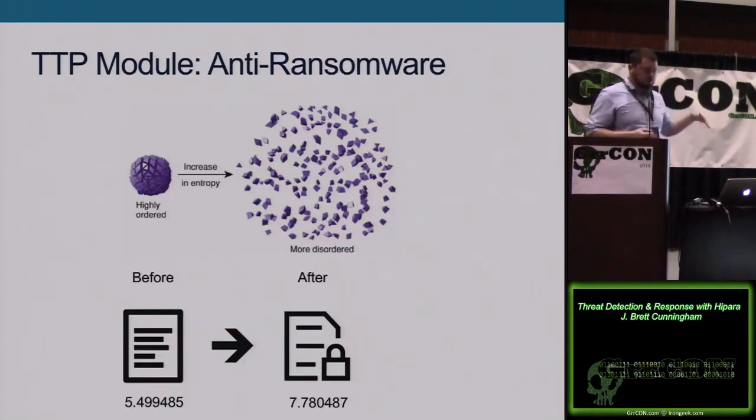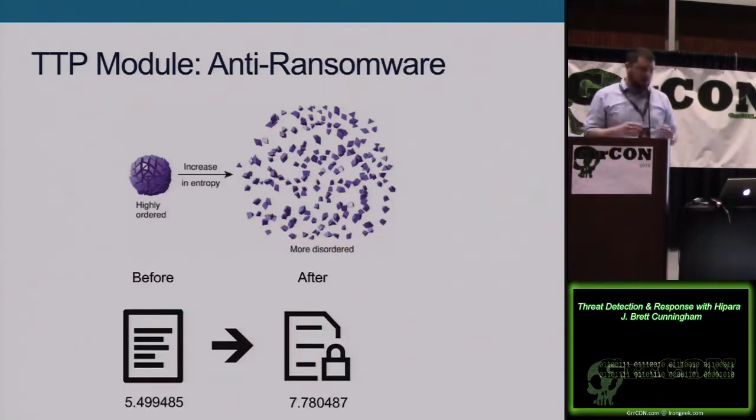And from the example that I ran on a single file, the entropy goes from 1 to 9. A typical Word document was roughly around 5.5. After encryption, it went up to 7.7. So the numbers don't really mean too much, except for the fact that you see a large difference of 2.2, large being when you're only looking at values 1 through 9.